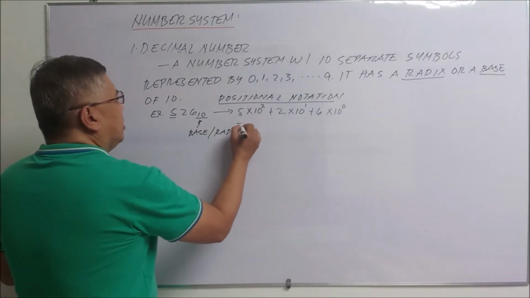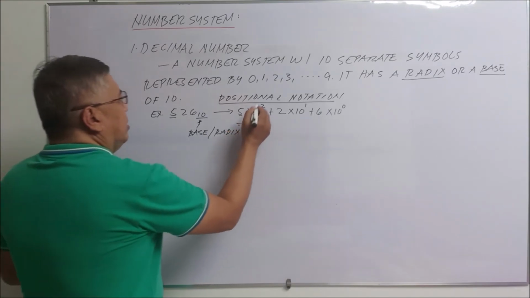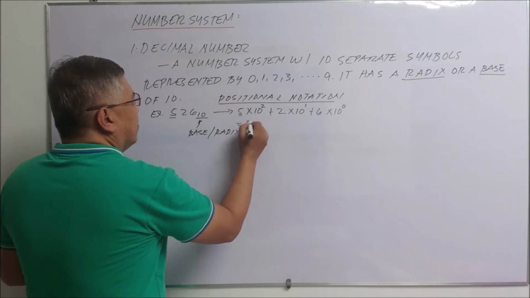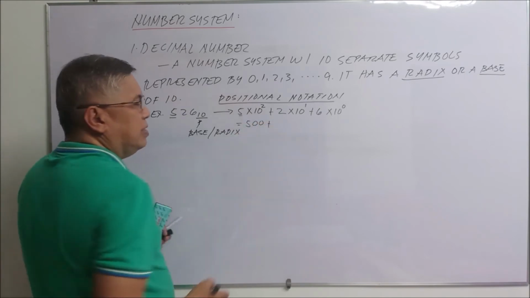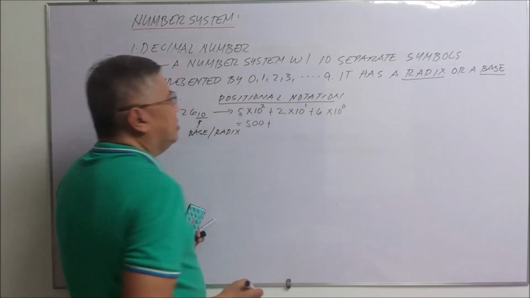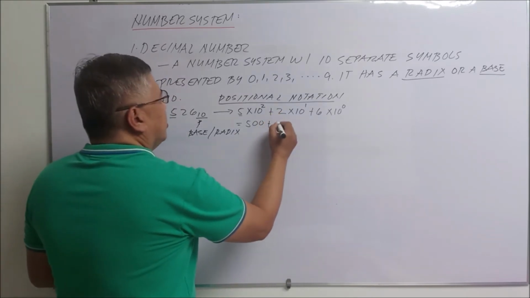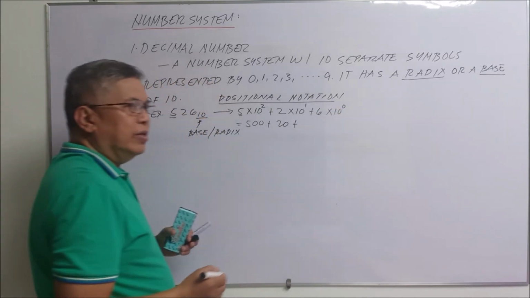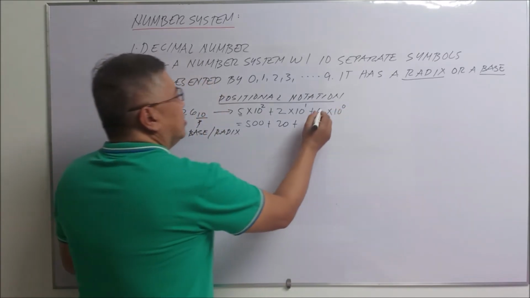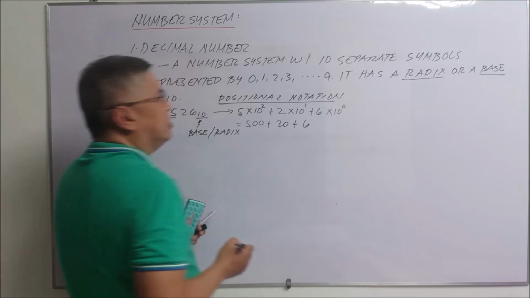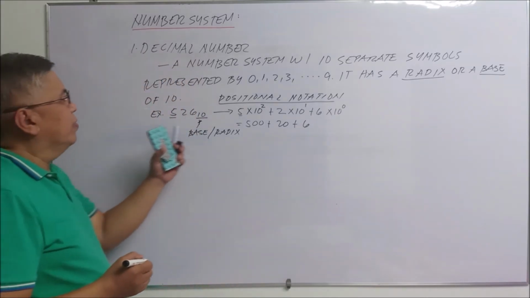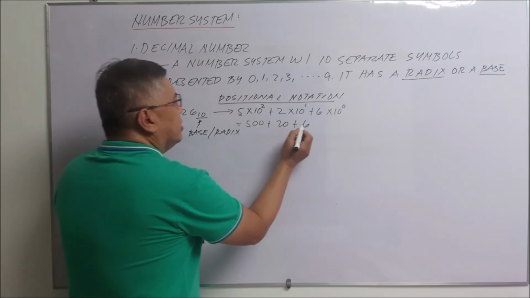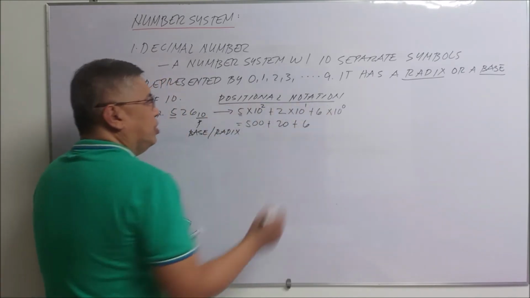And this one here is equivalent to what? 10 squared is 100 times 5 is 500, plus 10 to the 1 is 10 times 2 is 20, plus 10 to 0 is 1 times 6 is 6. That is why we read this as 526. That is the positional notation.